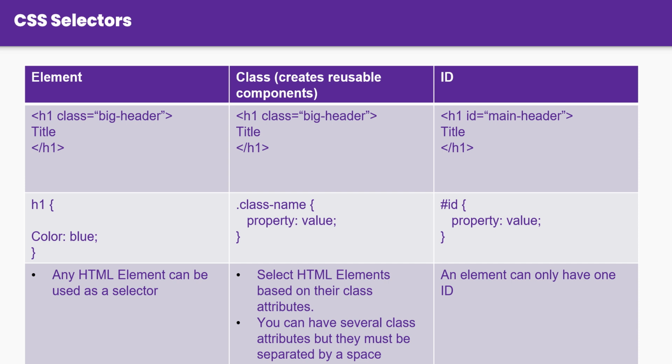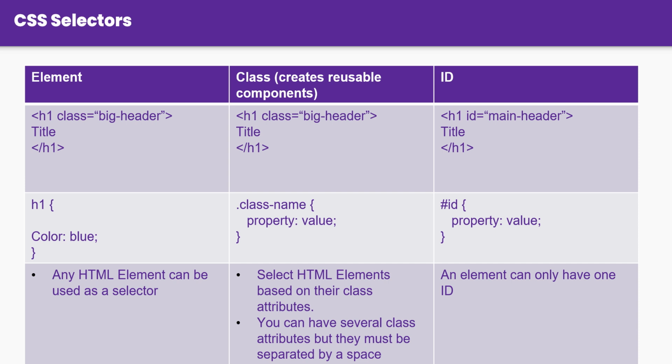For the element, we use HTML tags, and that's why you're seeing here, if you're implementing it in CSS, we use h1 and the basic syntax, which is the curly brackets, and what attributes you want to change, like the color. You want the color to be blue, etc. So any HTML element can be used as a selector. So that's basically it on elements.